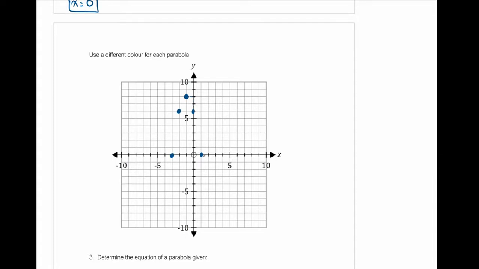And my last step, go over 1, down 10. And I end up down here, and I repeat the process on the other side, or just remember that it's symmetrical. I'm then going to connect all of my points. I'll label this equation 1, and here we have a good representation of that quadratic or that parabola.